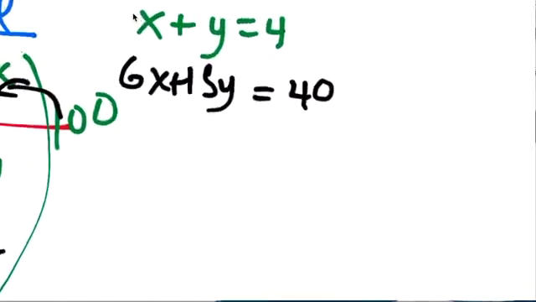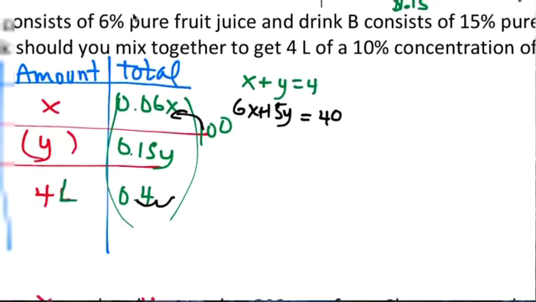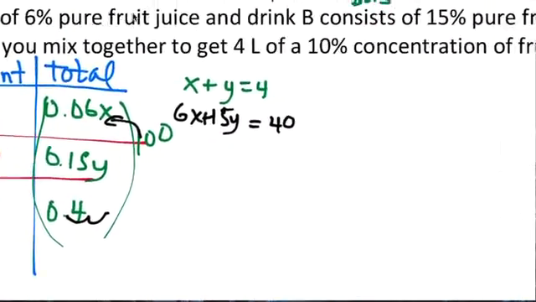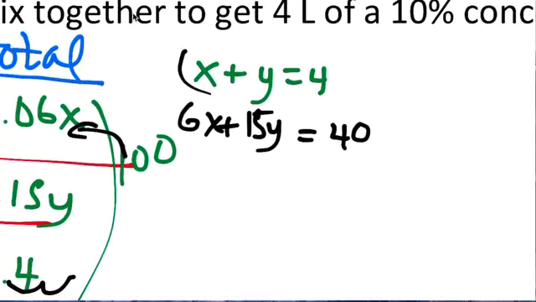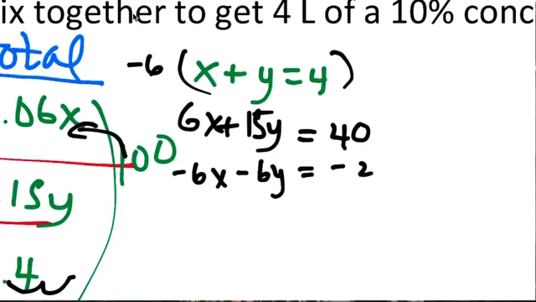Okay, and then I would eliminate the, let me make more of this of 15, let's multiply it by -6. Eliminate your x.